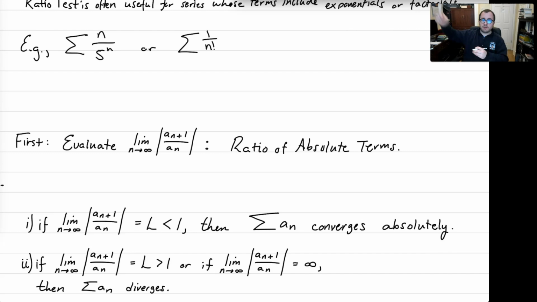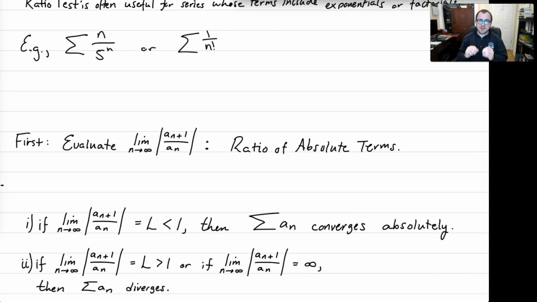They're reaching infinity. The ratio is infinite. Then you have a divergent series. Seems pretty simple. You take a ratio of consecutive terms in absolute value, a_(n+1) over a_n. If it's a fraction, less than 1, you have an absolutely convergent series. If it's a number bigger than 1, you have a divergent series. If it's infinite, you have a divergent series.